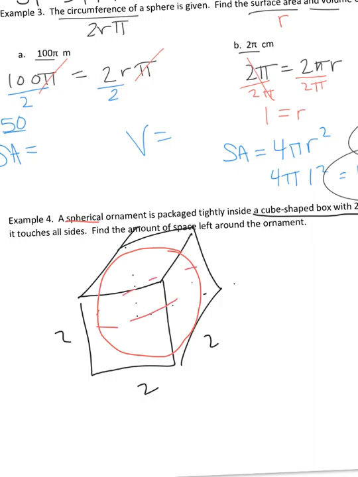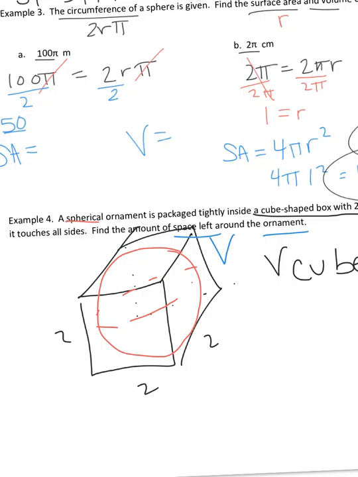I'll get some 3D action like that, and it's inside a box. Find the amount of space left around the ornament. This is talking about volume because it's the amount of space it takes up. So you're going to find the volume of the cube minus the volume of the sphere.